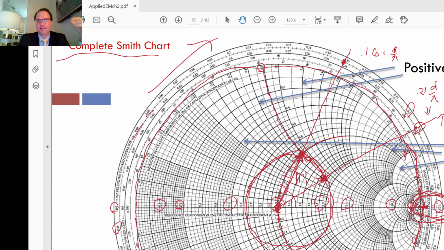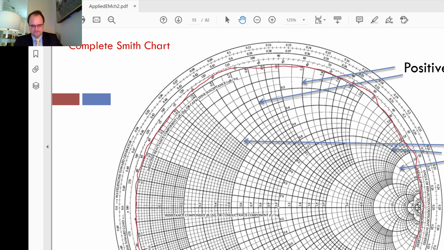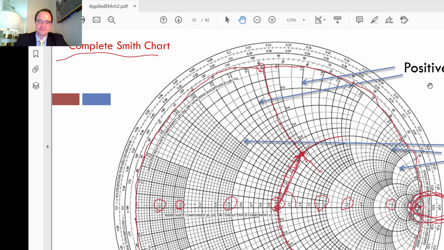If you want to shift closer to the generator from that point, you know how various things will change going from here to here. Now, if you want to go a little bit more towards the generator, you go to here, and to here, and so forth. Okay, so again, we'll do lots of examples to make this clear as we work through this.